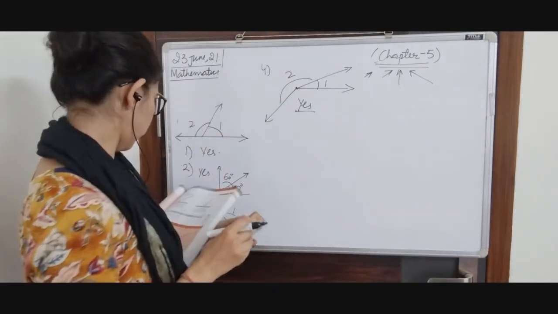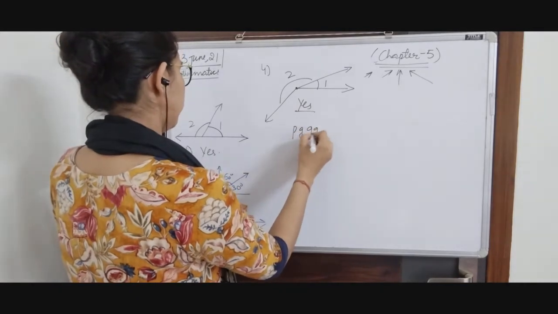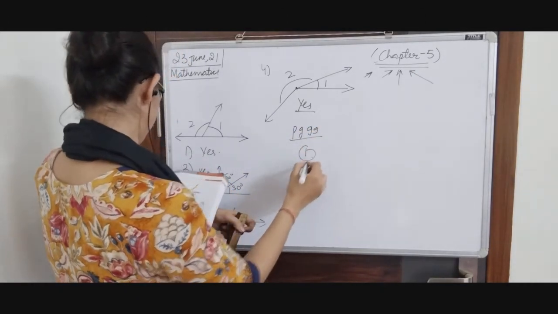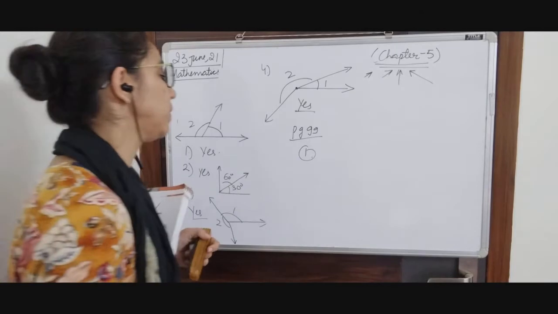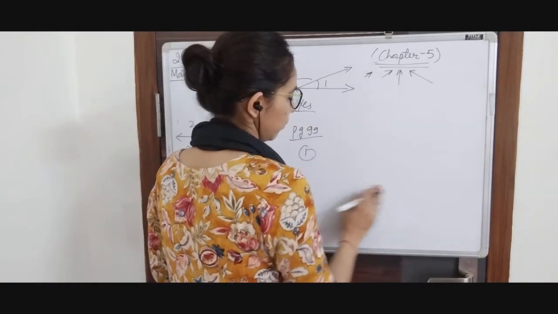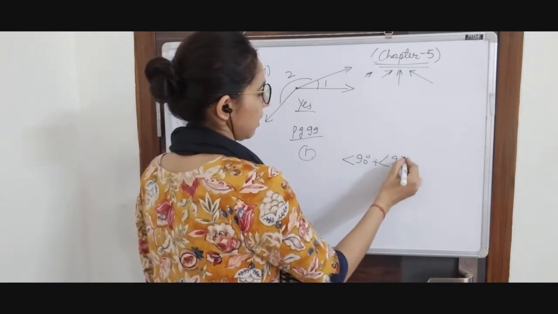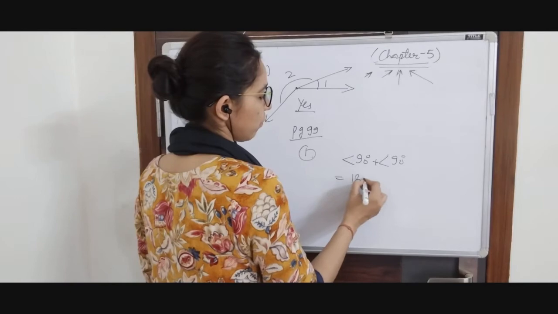We are moving to Think, Discuss and Write on page number 99. The first one is, can two acute angles form a linear pair? Acute angles are less than 90, so less than 90 plus less than 90. Can it ever be equal to 180?